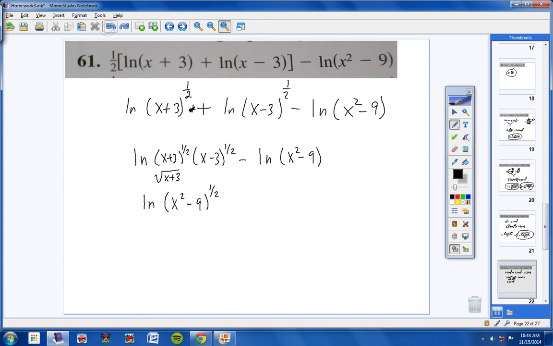It's totally fine, guys. Let's look at it again, okay? You have a radical times a radical. Okay? So when you multiply them together, you would get the square root of x squared minus 9, which is the exact same thing as this right here. X squared minus 9 in parentheses to the 1/2 power.